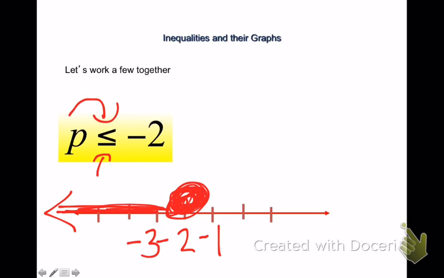And that indicates to the casual observer that any number less than -2 is a possible part of our solution set. And again, I filled in my circle because that line underneath the less than symbol means that -2 is actually part of our solution set this time. That means -2 is a possible correct answer.